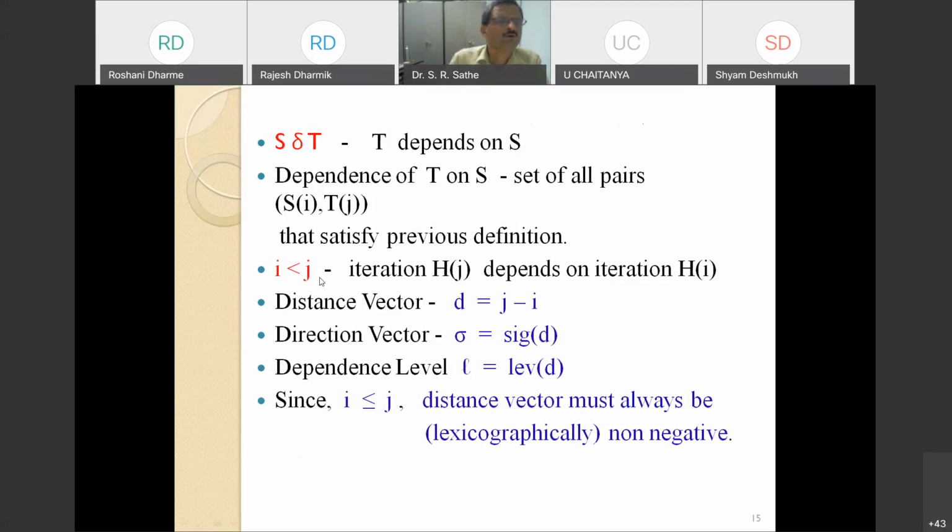So we define a distance vector d equal to j minus i.